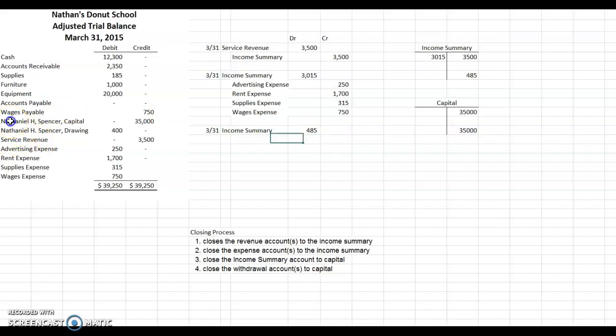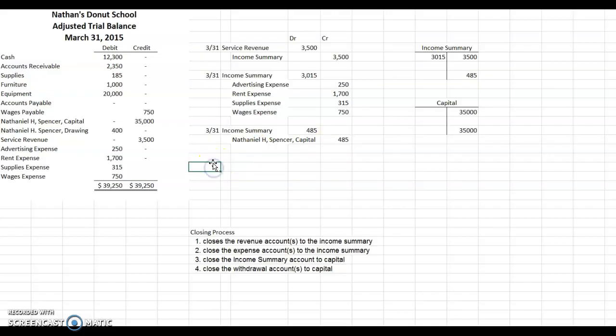And I am closing that out to my capital account. So I am going to credit my capital account by $485. So I've closed my income of my company to my capital with a credit, and my capital increases with the income my company has made.